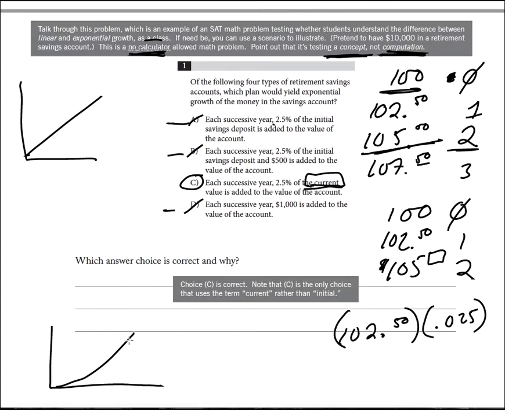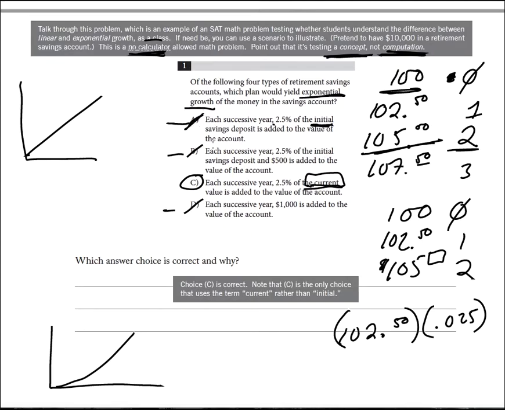So the key here is, if you're sitting here thinking, I don't know if I could remember that for the day of the test, here's what you could remember. There's a very big difference between initial and current, or first and previous. If you have a problem that wants to know about exponential growth, and it almost always wants the exponential growth, not the linear, you can automatically eliminate any answer choice that is based on the initial amount.